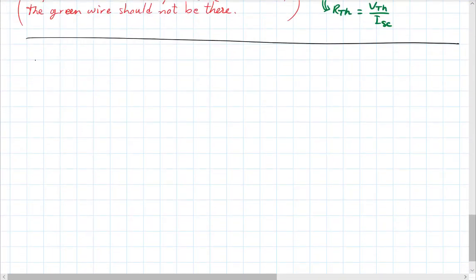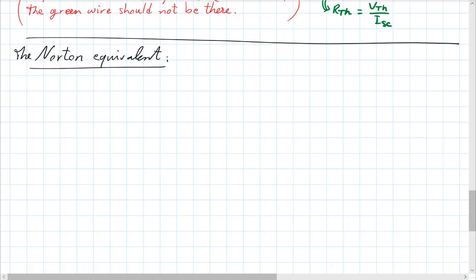So now I want to talk about the Norton equivalent. So if I try to replace a circuit with something like this, what would the behavior be like from outside?